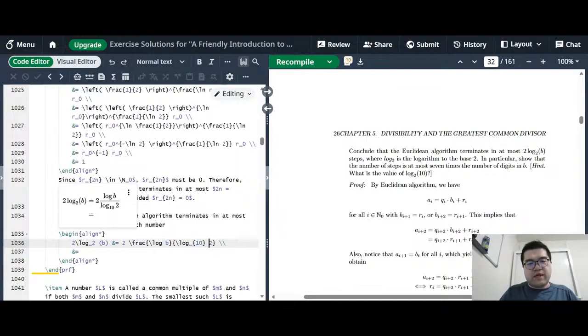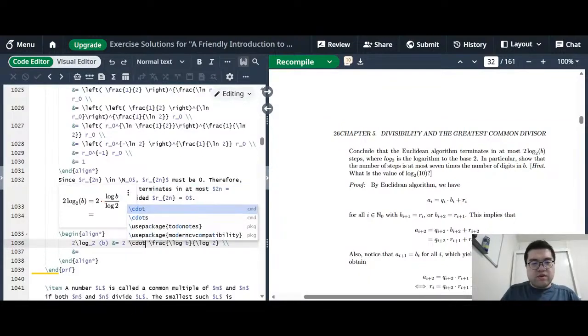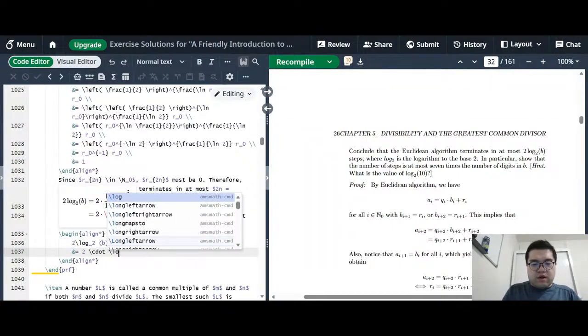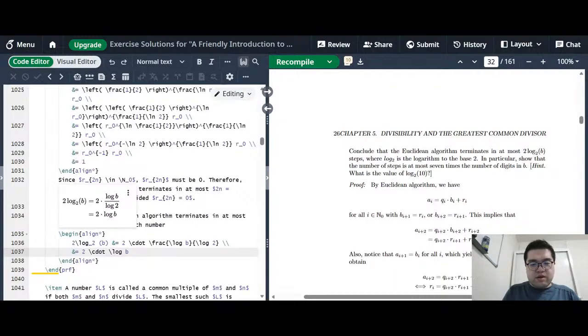We all know what log is. Maybe I should write it as multiplication. Then this is the same as 2 times log b times 1 over log 2.